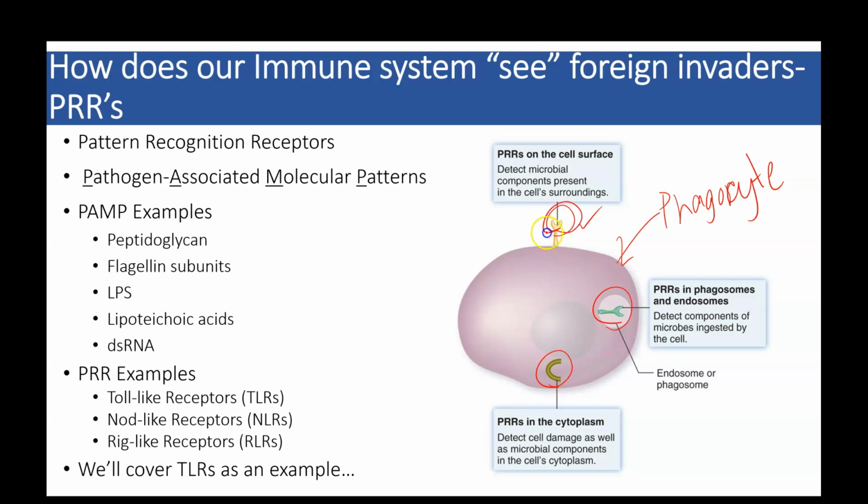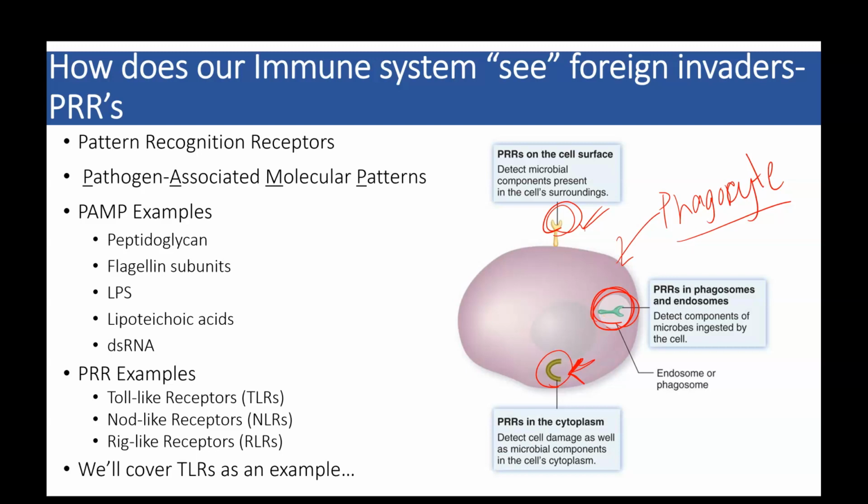Well, this one and this one, right? Because we're not going to have bacteria inside our cell necessarily, but we definitely find bacteria in our external environment. And if we're a phagocyte, we're definitely going to find bacteria engulfed in a phagosome.